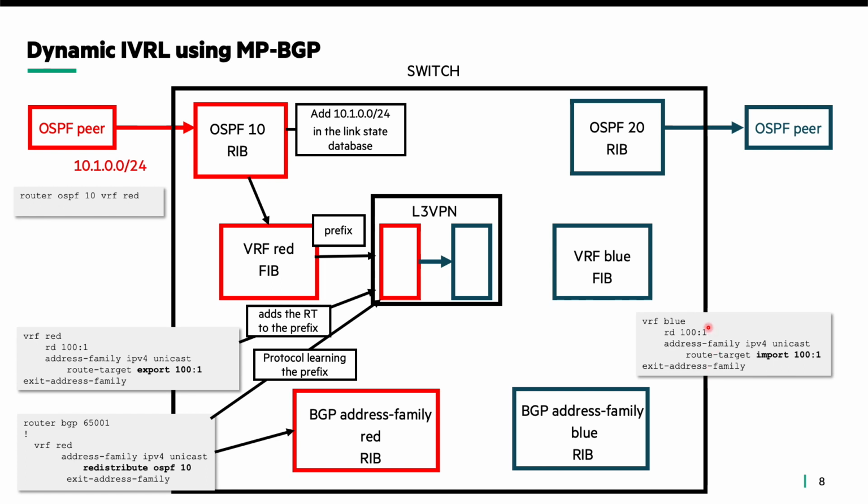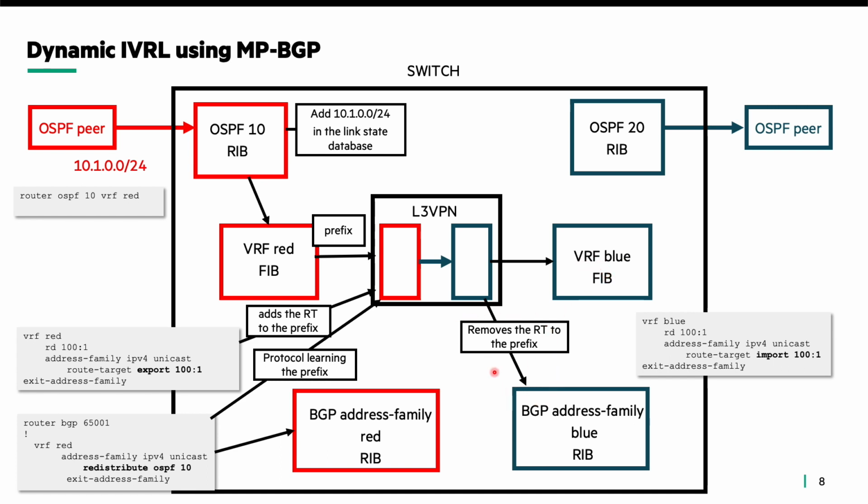Now, if on the VRF blue, in the VRF configuration, we have a route target import 100:1, which is exactly the same value as what is exported by the white, this prefix will be copied in the L3 VPN tables for the VRF blue. What will happen is that this prefix is exported in the forwarding information base for the VRF blue.